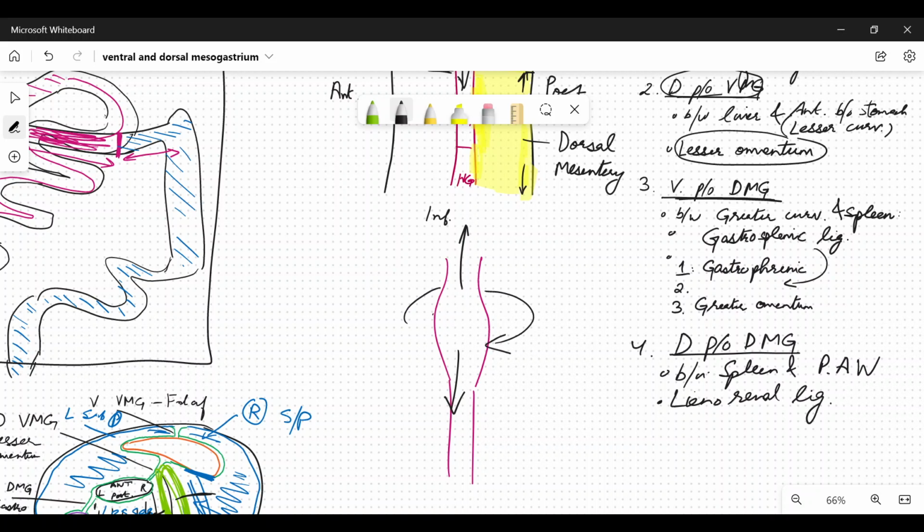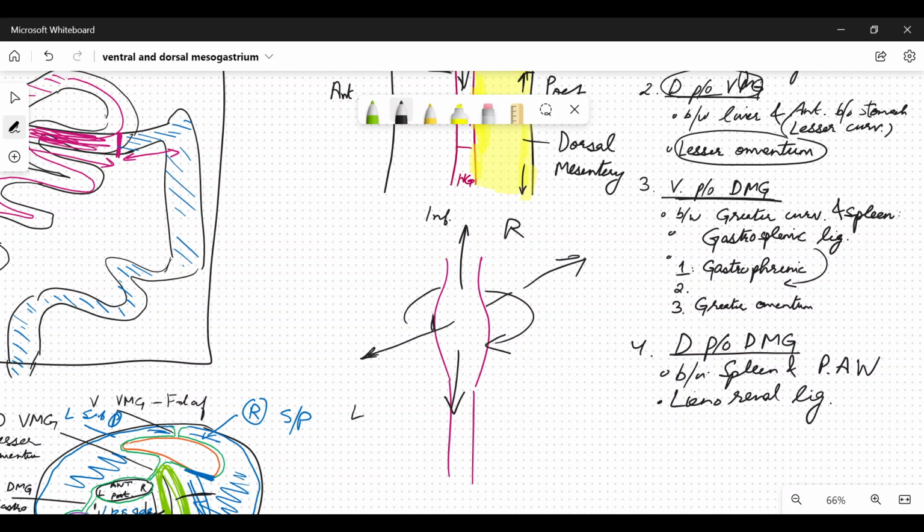So that the anterior border of the stomach goes towards the right side of the body, and the posterior border of the stomach comes to lie towards the left side of the body. Another axis around which the rotation of the stomach happens is the antero-posterior axis.